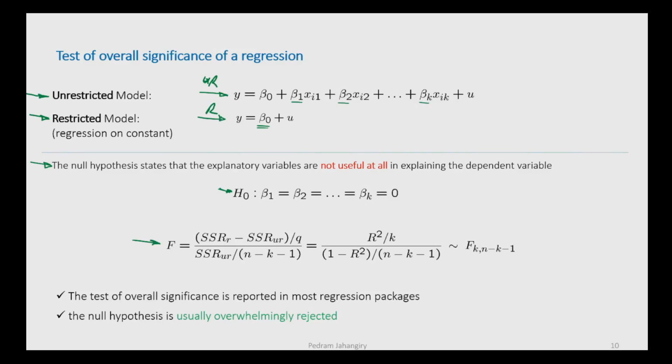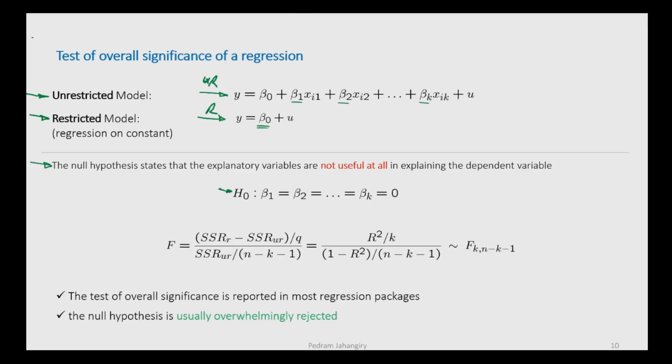Okay, so let's construct the F statistic. Again, there's nothing new here. Sum of squares of the restricted minus unrestricted, divided by the degrees of freedom, which is the number of restrictions, and then divided by SSR unrestricted divided by its degrees of freedom. Okay. So if you remember, we had an R-squared version of this formula, right? So let me remind you of the R-squared version.